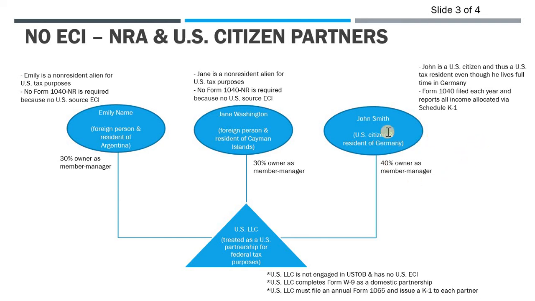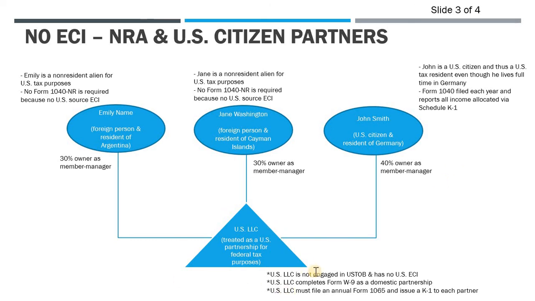John's allocation of income from the K1 is still necessary for him because he has to file a tax return as a U.S. citizen. John's a U.S. citizen. He lives in Germany. He's got to file a 1040 every year and report his allocation of income from the partnership, and he pays tax on those earnings. And that's because U.S. citizens are subject to tax on their worldwide income from whatever source derived.